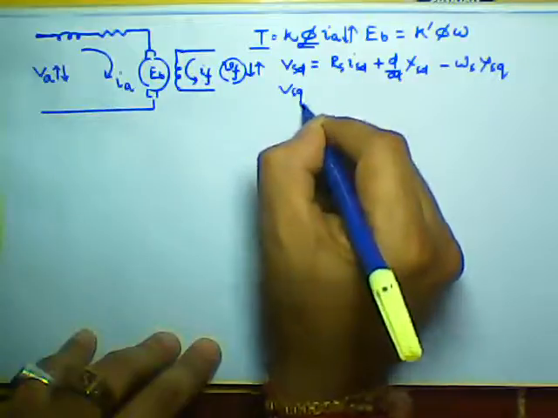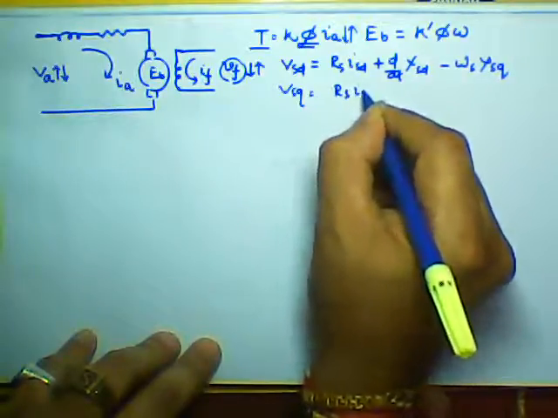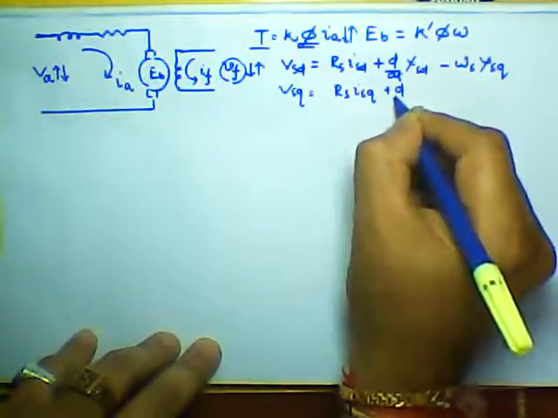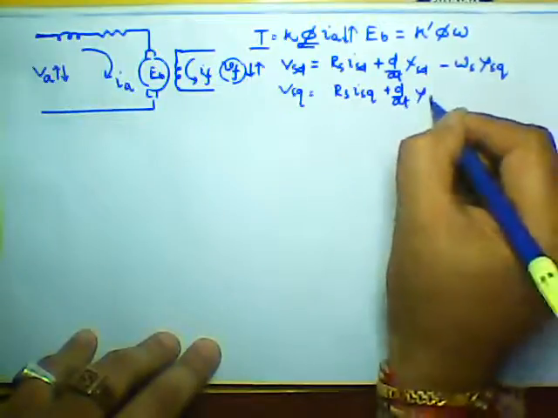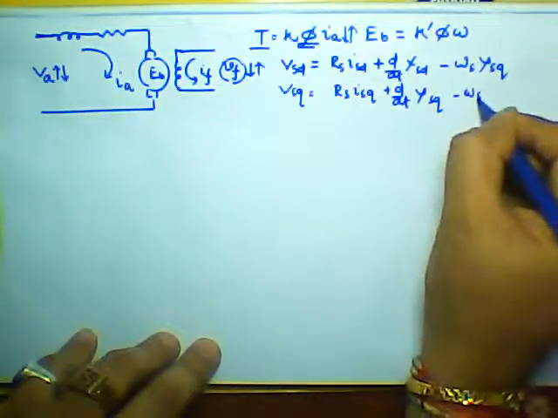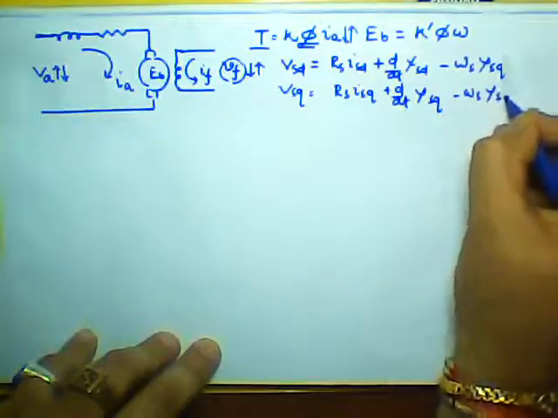Similarly, VSQ is equal to RS ISQ plus d/dt of psi SQ plus omega s into psi SD.